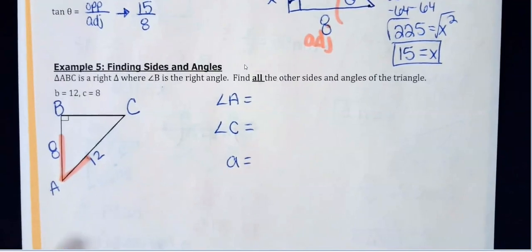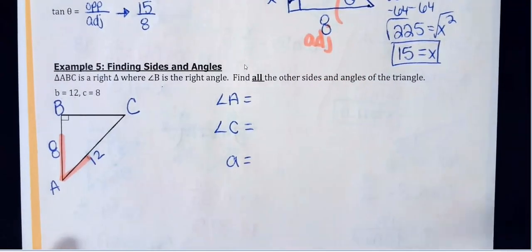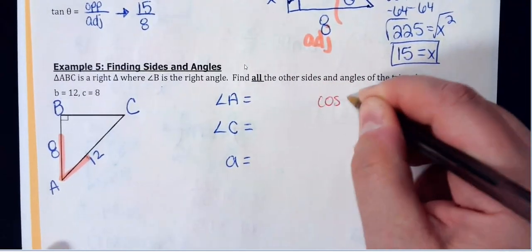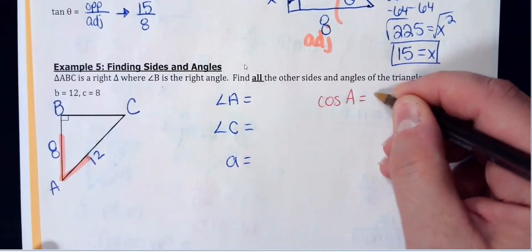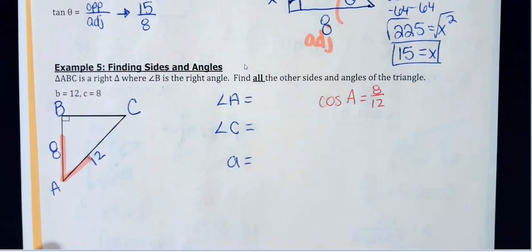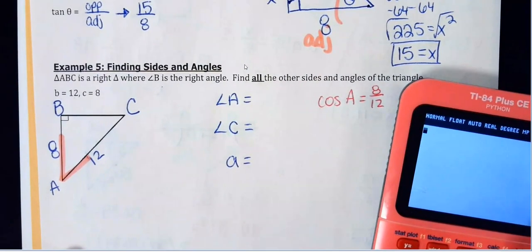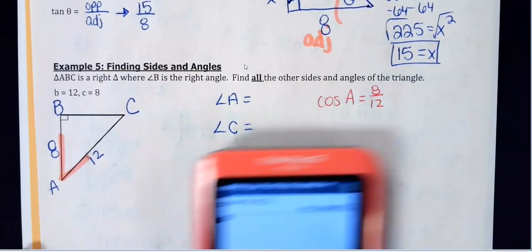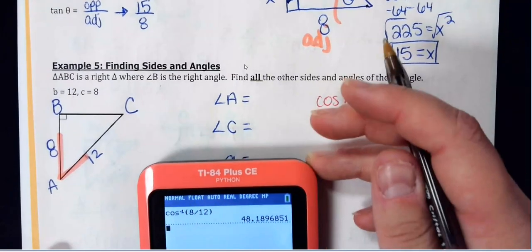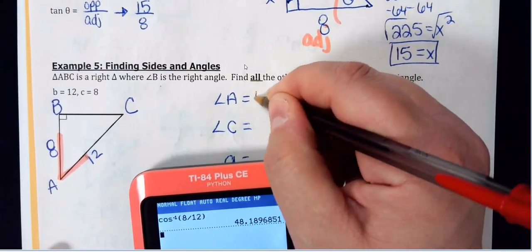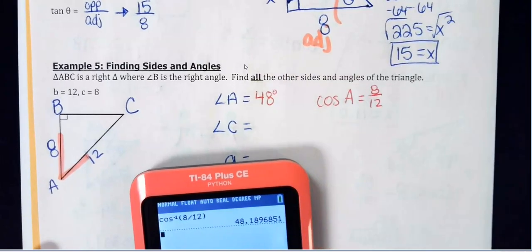There are different options for these problems. You could just do cosine A equals 8 over 12, and then we're just going to do an inverse cosine there. Anytime you're finding an angle measure, just hit second cosine, and then I'm going to do 8 over 12. You don't have to do these in a particular order, but I'm going to say that angle, to the nearest whole number, is 48 degrees.